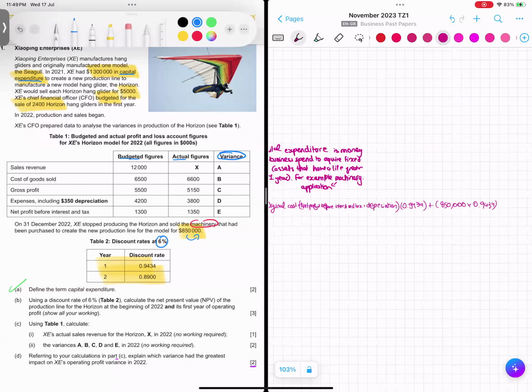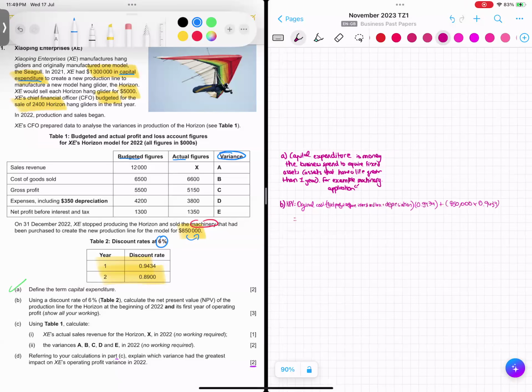So we have our original cost, which was 1.3 million. Then we add our net profit, which is 350,000, because this is our profit, net profit before interest and tax.